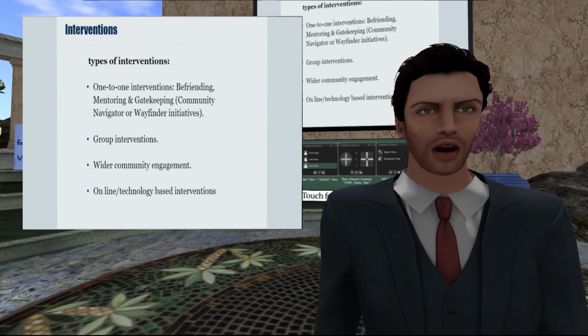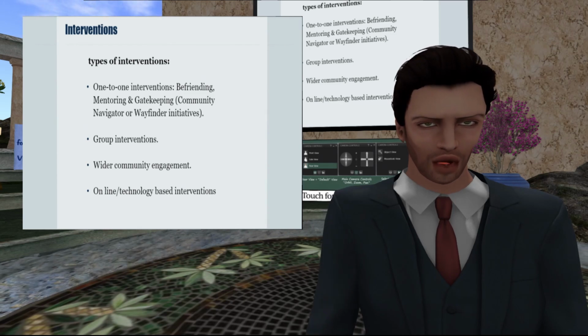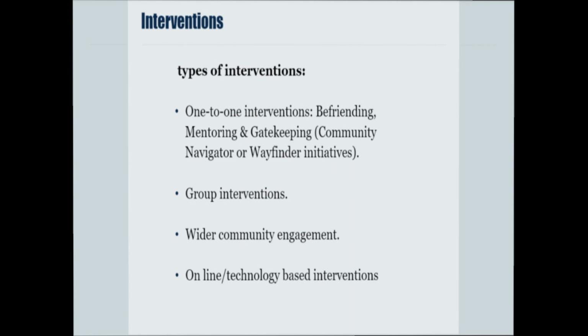In terms of types of interventions, we can do one-to-one interventions. For example, befriending, again, is a very social, very old way, but talking, being a friend of someone else, someone that you know is your neighbor and is very lonely. It can be mentoring.